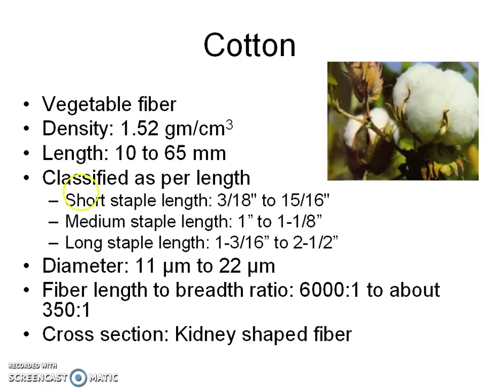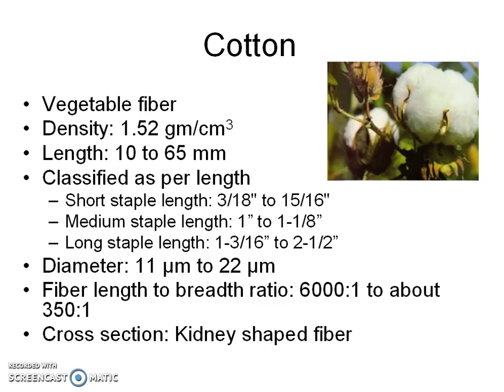The density of cotton fiber is 1.52 gram per centimeter cube. The length of the cotton largely varies in the region in which it grows, as well as depending on the climatic and soil conditions.